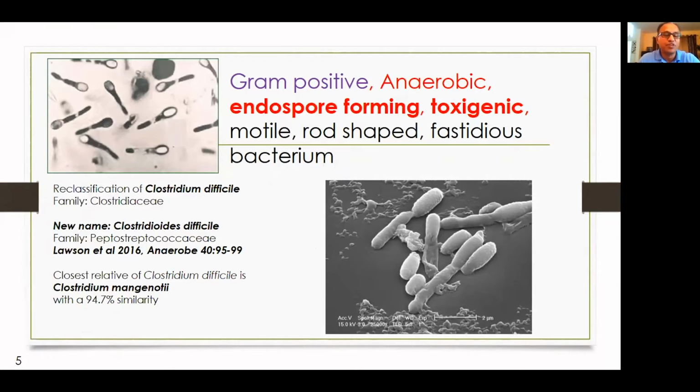There is a new name for this pathogen, Clostridioides difficile. As this is a spore-forming bacterium, the spores can survive anywhere for many months.